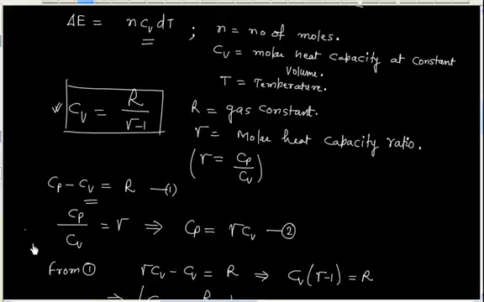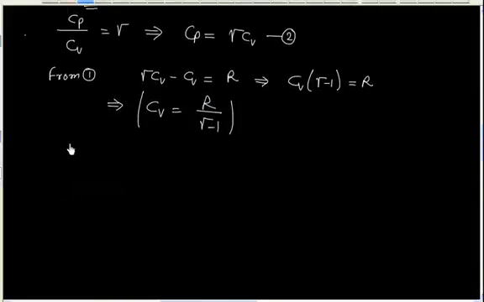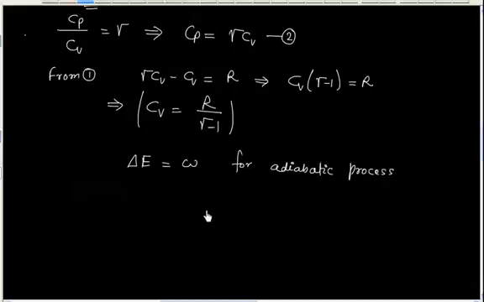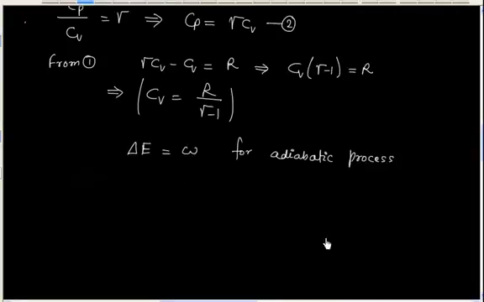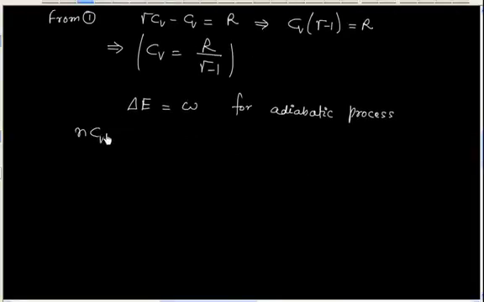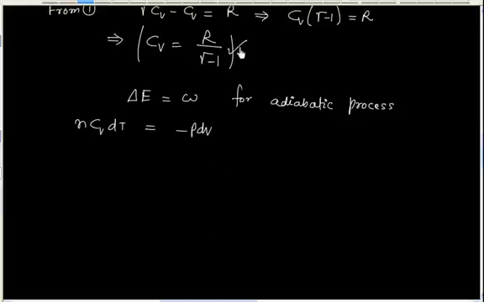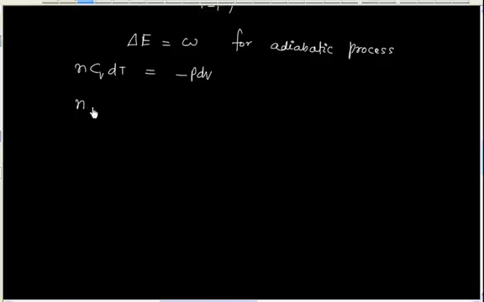So now, for adiabatic process we have written delta E equals W. And delta E is given by n Cv dT, and work is given by minus P dV, and Cv we can write as R by gamma minus 1.